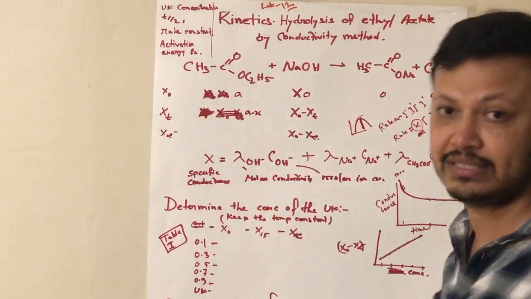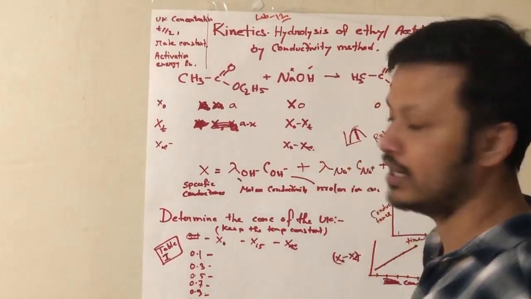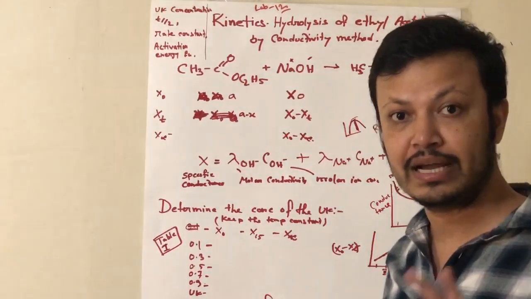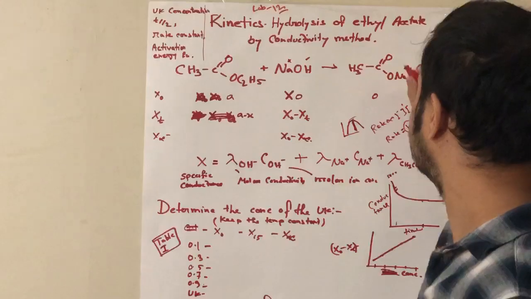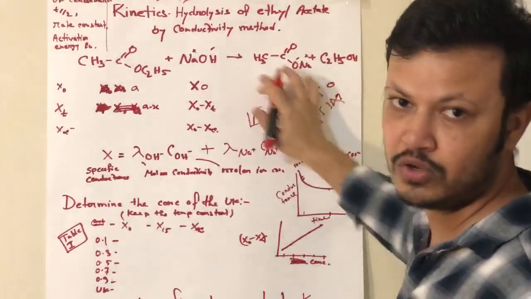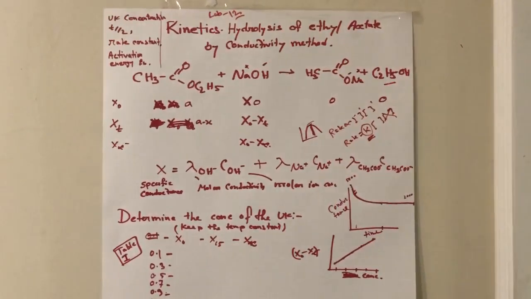But sodium hydroxide is an ionic compound. It has the sodium ion as well as the hydroxide ion, right? So both of them are responsible for the conductance. And the sodium acetate is also an ionic compound, minus and plus. This will also take part in the conductance, but this will not take part in the conductance.